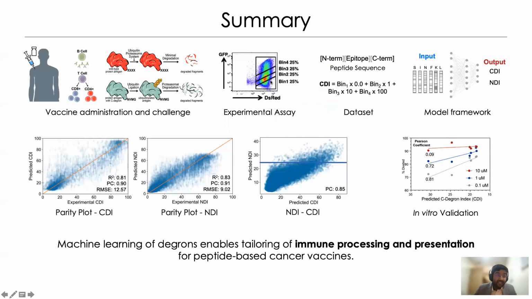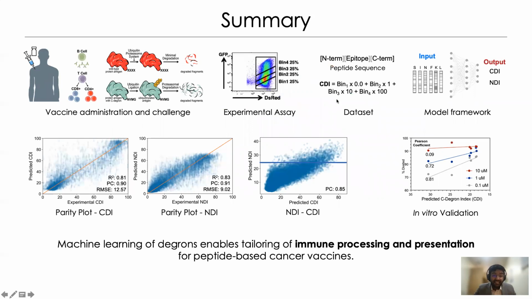In summary, we started with vaccine administration and challenge. We proposed a hypothesis that, harnessing the ubiquitin proteasome degradation machinery that is present in the cells, we can tailor antigen processing and presentation, thereby affecting immune response by that process.